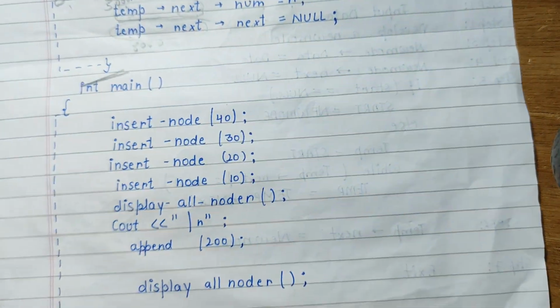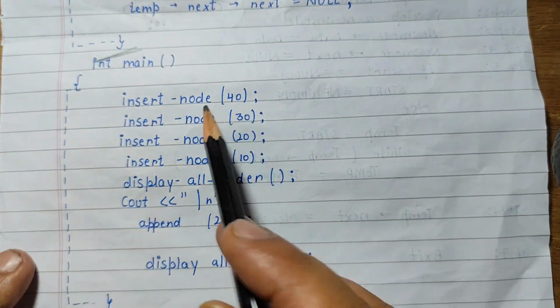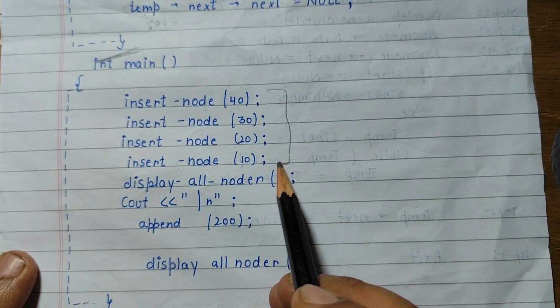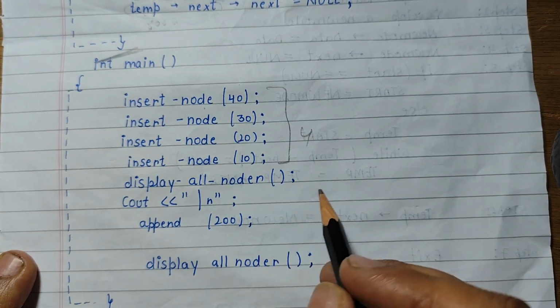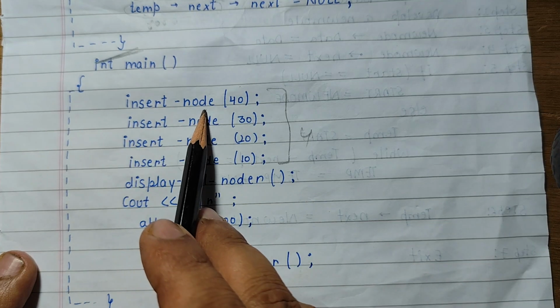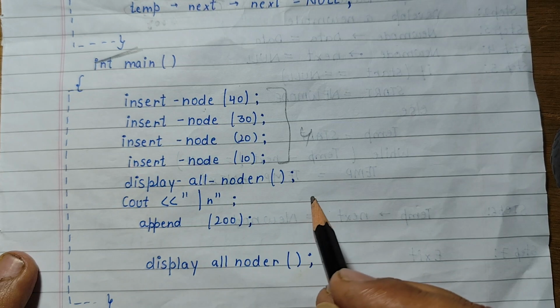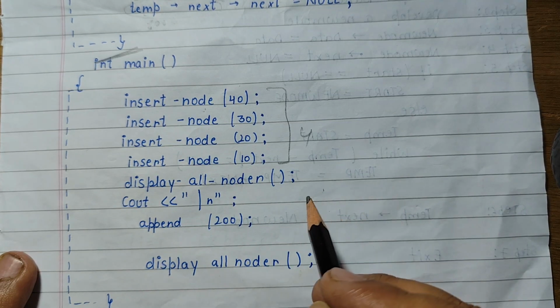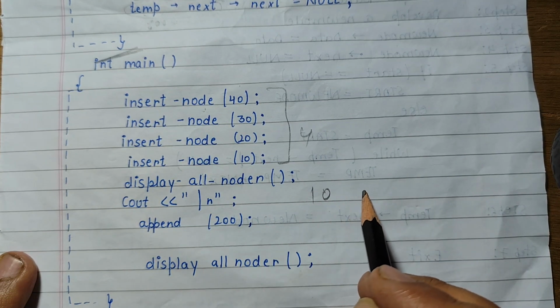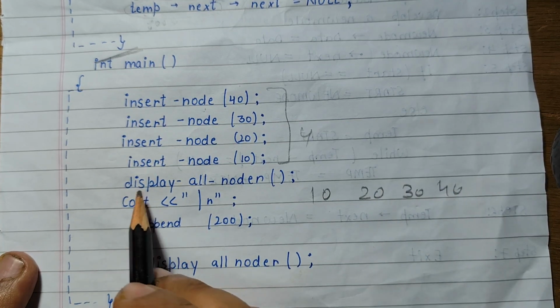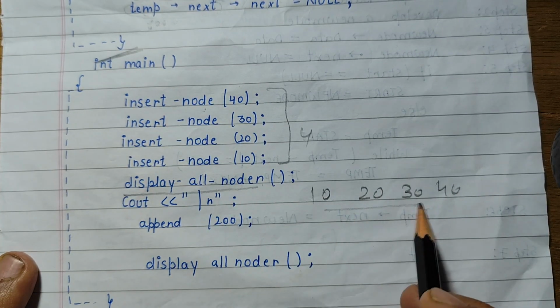And after this, in the main function, first I call the function insert node 4 times, because the insert node function will insert the node at the beginning. So the output will display in this way: 10, 20, 30 and 40, and the display all node function will display this output.